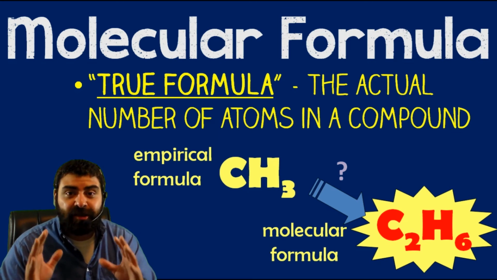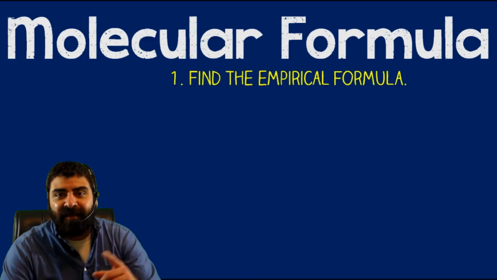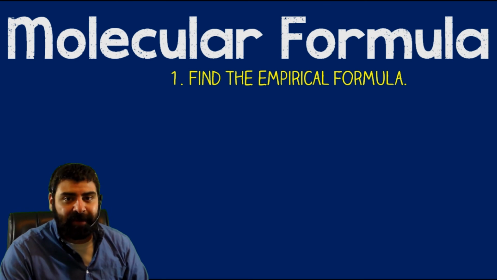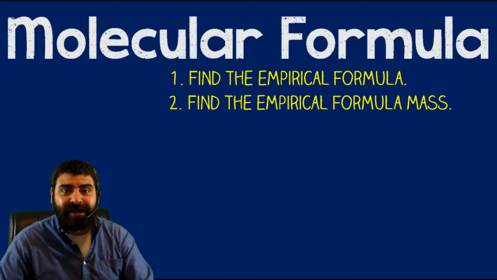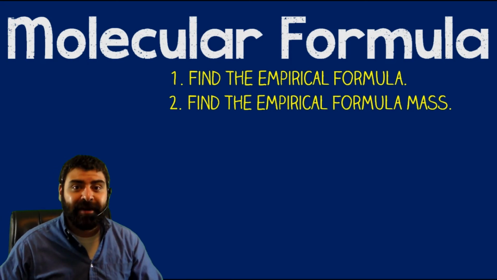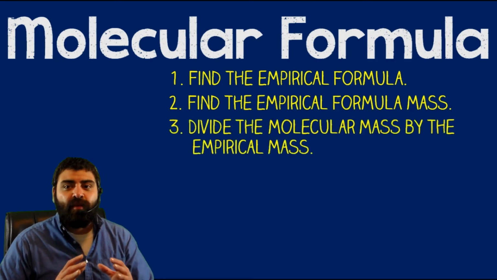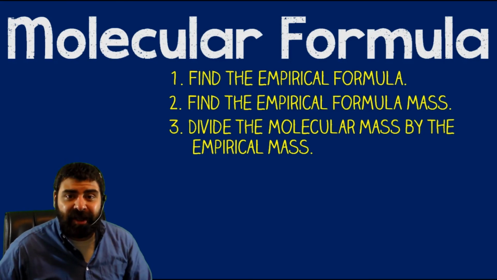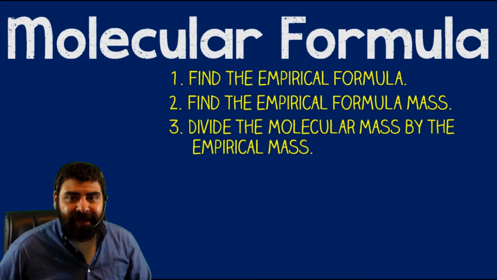Molecular formula is the true formula, what it's actually made of. So to find molecular formula, you first need to know empirical formula. That will likely be given to you. So you could take that empirical formula and use the periodic table and find the empirical formula mass. Now, you want to take the molecular mass that will be given to you and divide it by the empirical formula mass.